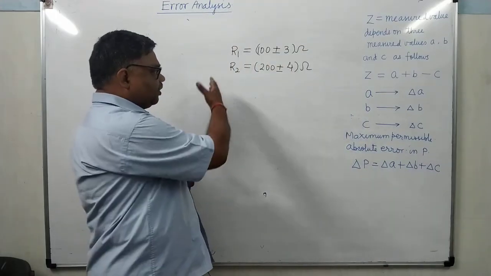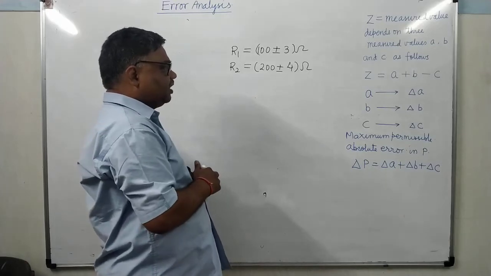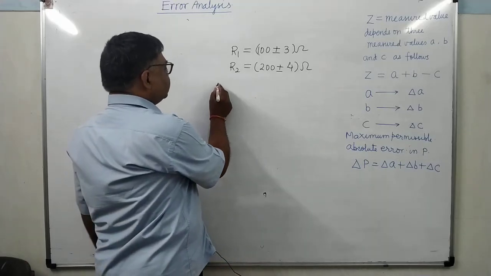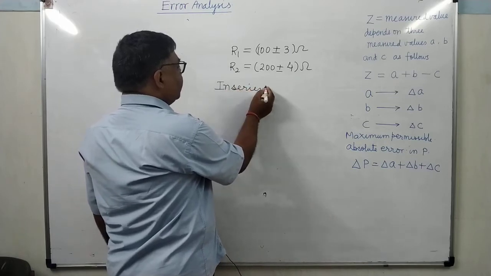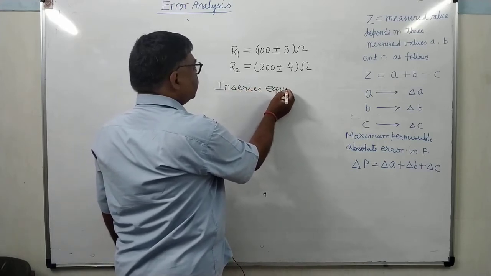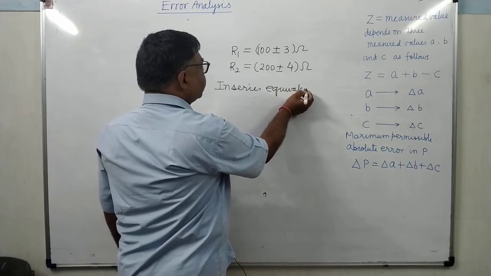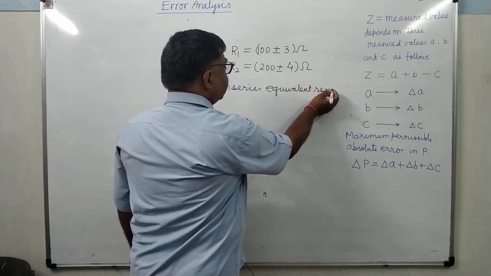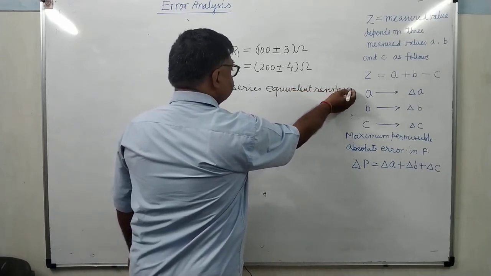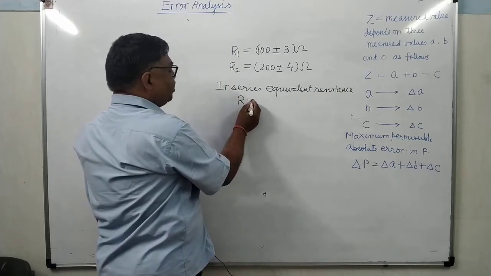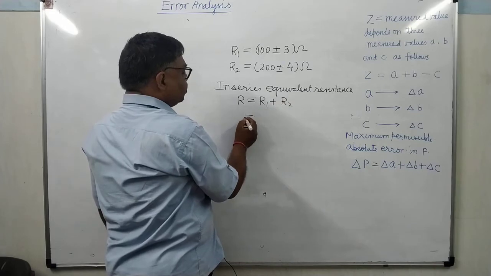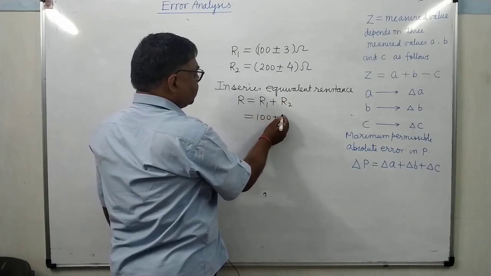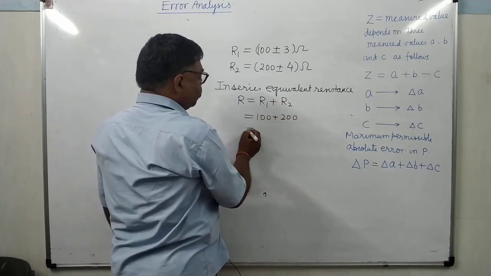As we know, when the resistances are connected in series, the equivalent resistance R will be equal to R1 plus R2, that is 100 plus 200, that is 300 ohm.